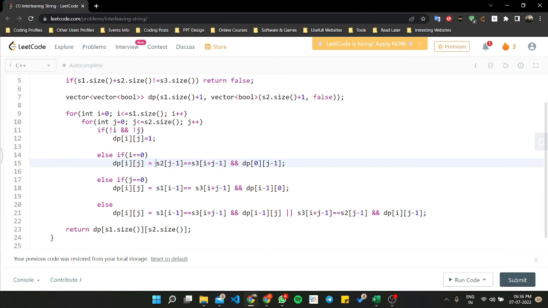So in the condition I check whether the S2 character is matched with the S3 character. If it is matched, I also check whether the previous subproblem is solved or not. The same way for the column, I check whether it is matched with the S3 character and its previous subproblems are solved or not. If both things are satisfied, this is also satisfied.